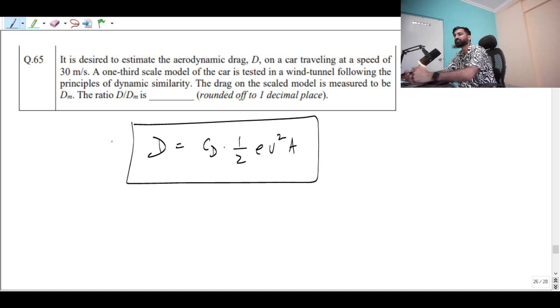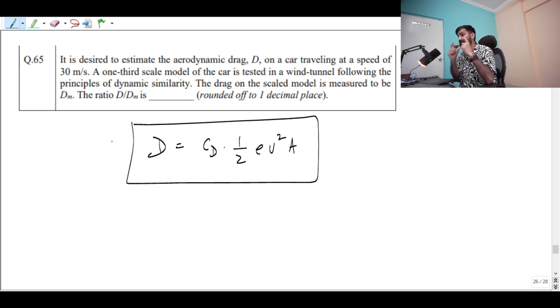Your speed is going to be the same. Your flow conditions are identical in both cases, right? So the drag on the car and the drag measured on the model will scale proportionally based on the size. We might have some confusion when thinking about size reduction, that it is going to affect the drag ratio.